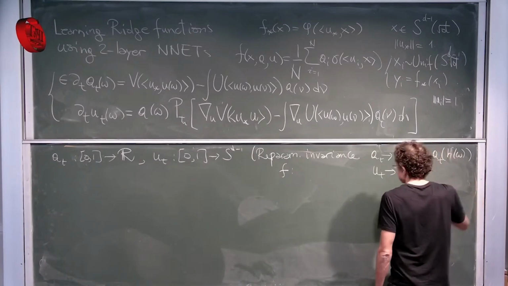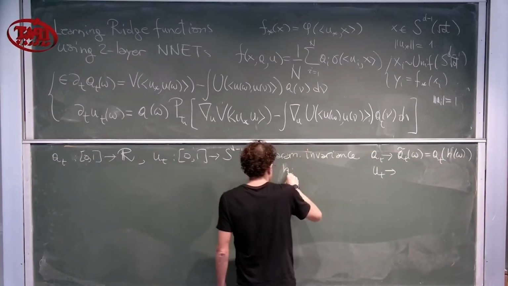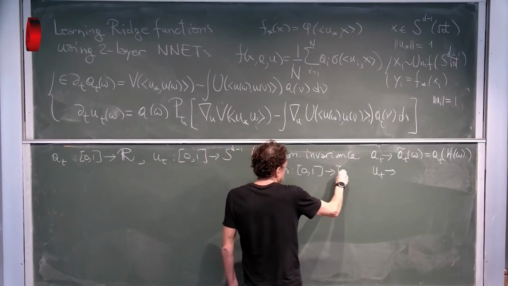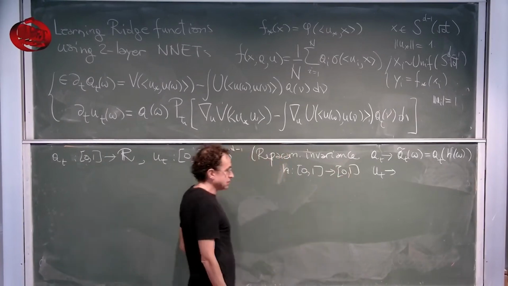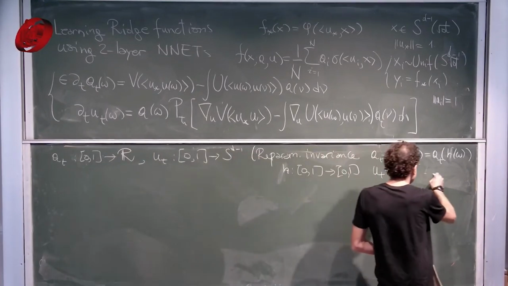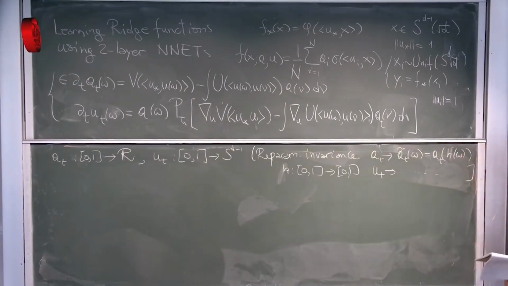Call it h. h is a map from 0, 1 to 0, 1, measurable with its measurable inverse. This is just a consequence of the invariance under permutation of the neurons.